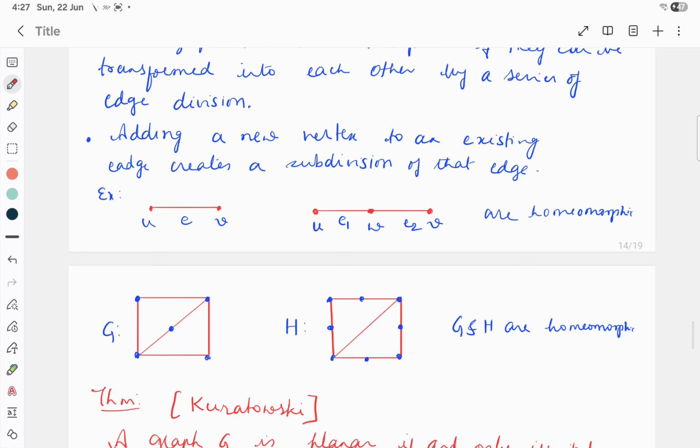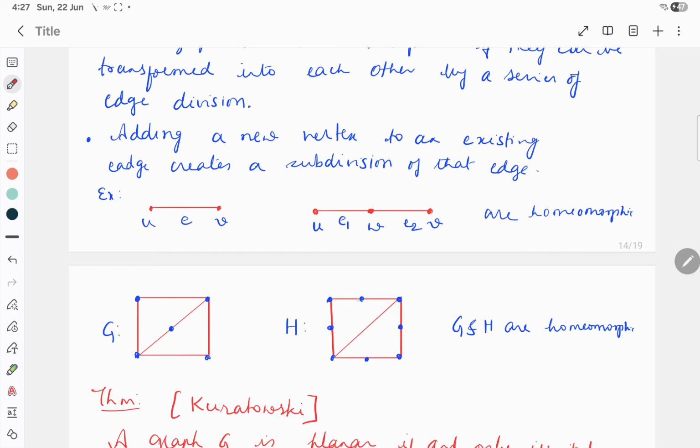Now let us consider graphs G and H. You can see that in graph G there are 5 vertices. In H there is a division of this edge.